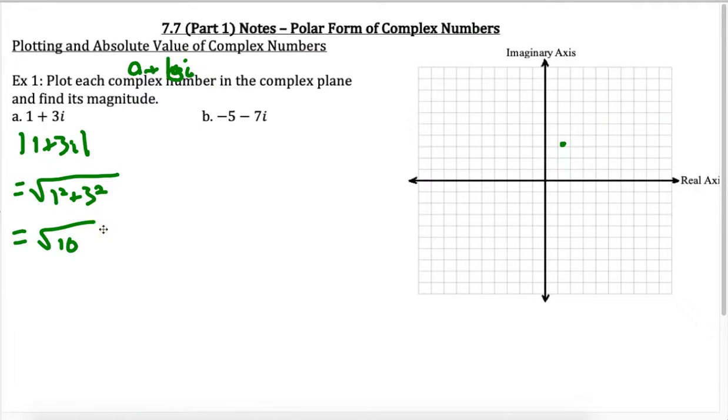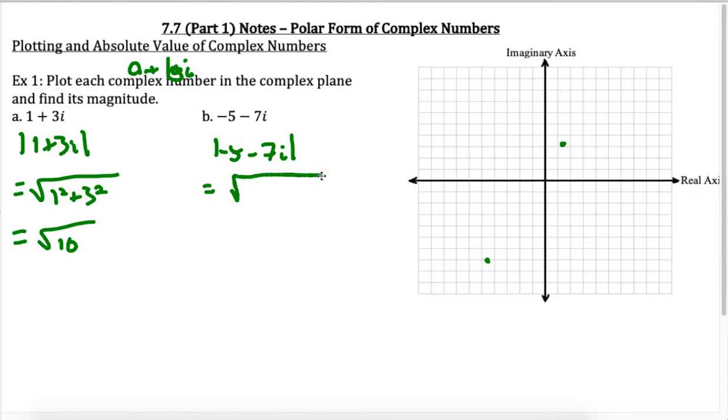That is the most simplified version of that radical, so I can leave it as just the square root of 10. For this one, to first plot it, I would say negative 1, 2, 3, 4, 5, and then down 1, 2, 3, 4, 5, 6, 7. That gets me right about there. And then the absolute value of that number is very similar to the magnitude.